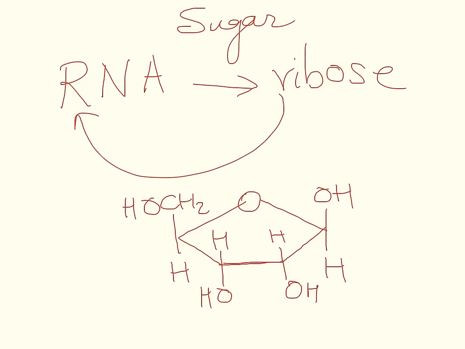Now, for the sake of convenience, because we want to avoid confusion between numbering carbons in the sugar and numbering carbons in the base, what is done is that we name these carbons as 1 prime, 2 prime.